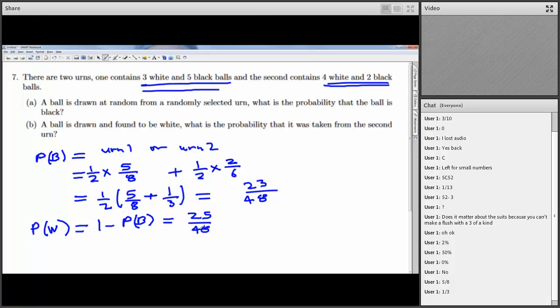So it's slightly more likely to be a white ball than a black ball. If you think about it, you've got 7 white balls and 7 black balls in the 2 urns. You think, I would have thought they'd be exactly equal, but this urn over here has got more white, and so if you ever pick this one, there's a slightly stronger bias in this case.